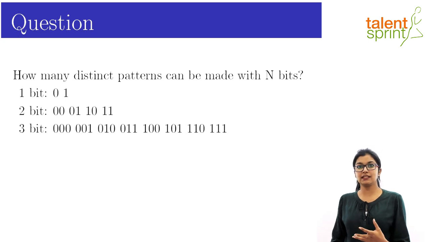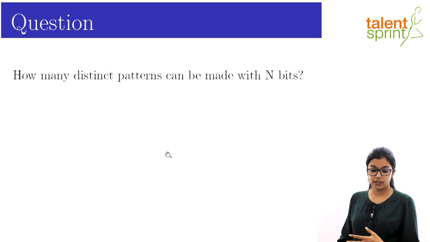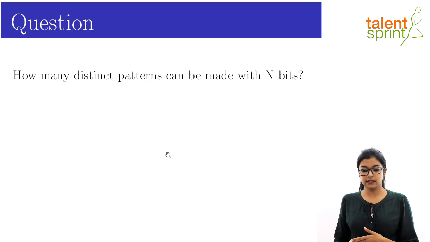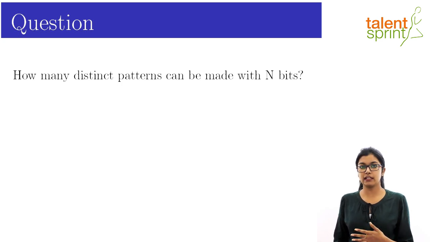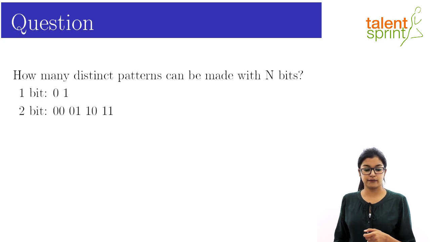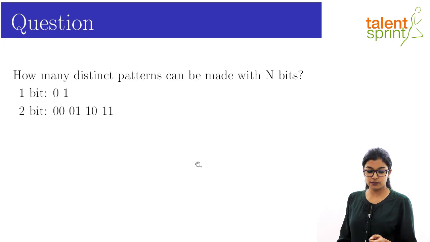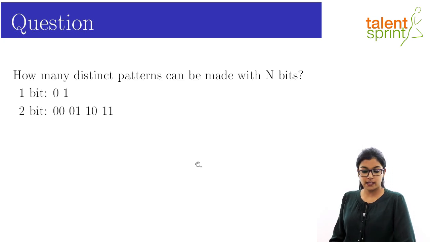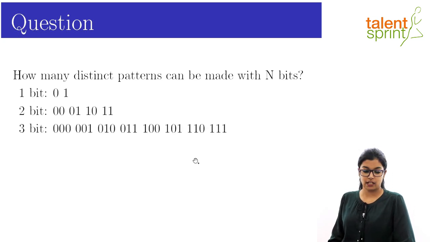Let me explain this question again. How many distinct patterns can be made with n bits? So if you have 1 bit, distinct patterns are 0 and 1. If you have 2 bits, distinct patterns are 00, 01, 10, 11. If you have 3 bits, there are 8 distinct patterns. Alright?